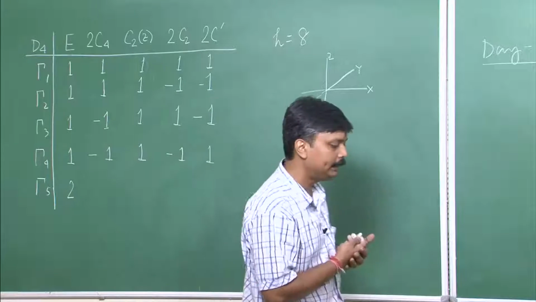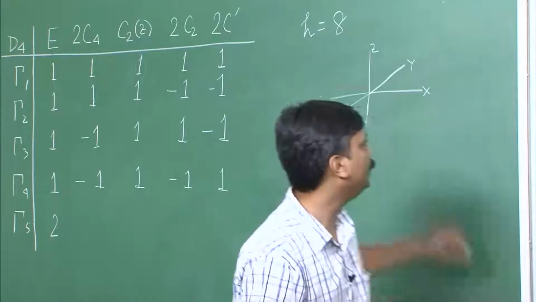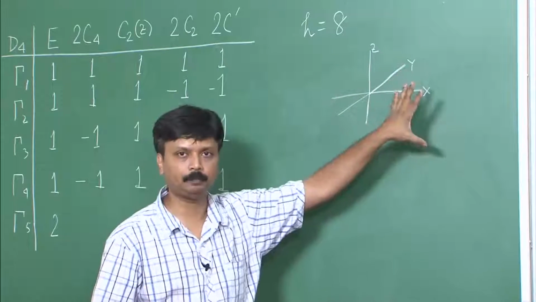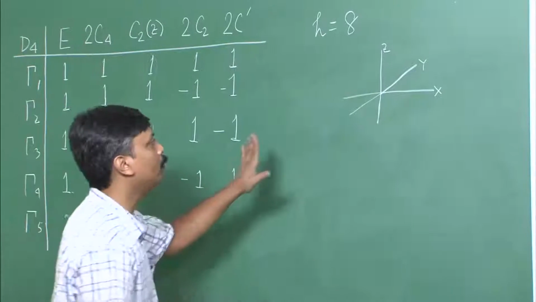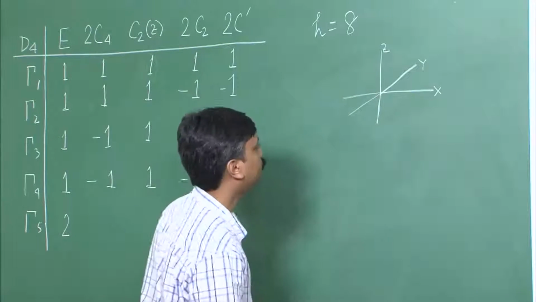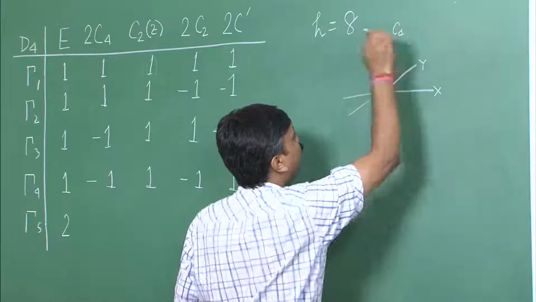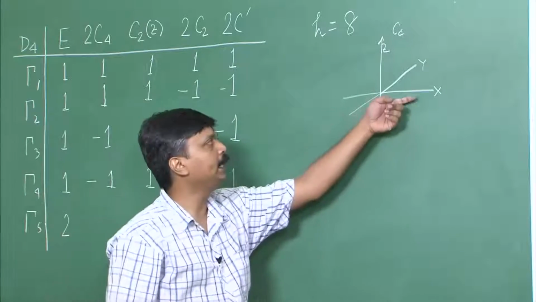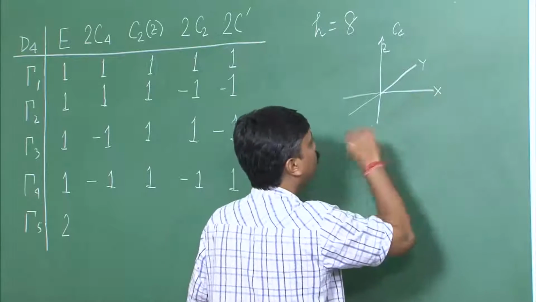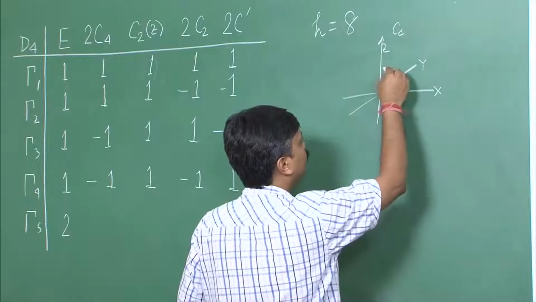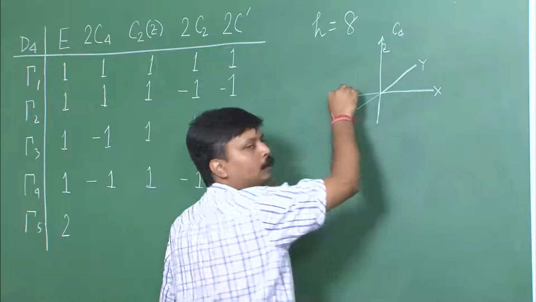We have already seen in certain cases that x and y transform together, and you can separate out z and xy. So, here also we will do the same thing. We will omit z and perform our work on x and y. My C4 is along this direction, and if I perform C4 on my x and y basis, then x will go to the place of y and y will go to the place of minus x.